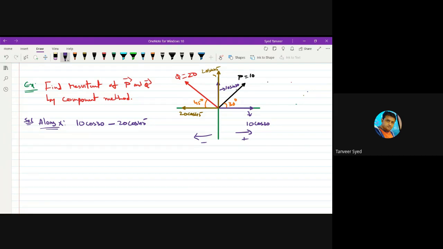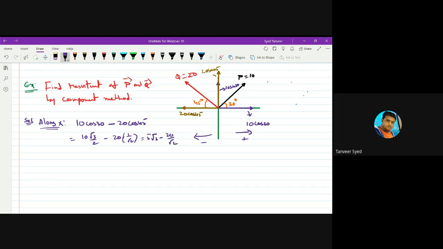Then how much is this? 10 cos 30, 10 root 3 by 2, minus 20 cos 45, cos 45 is 1 by root 2. So it is 5 root 3 minus 20 by root 2.